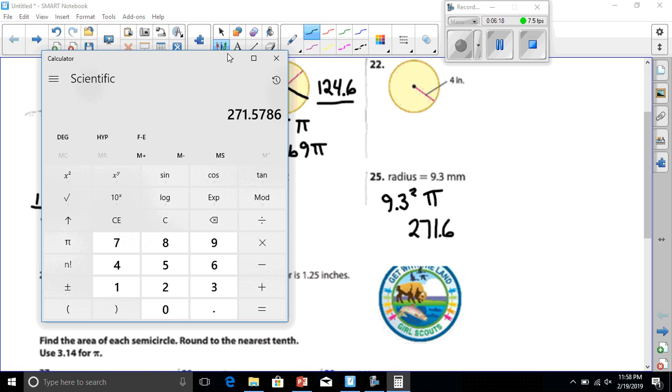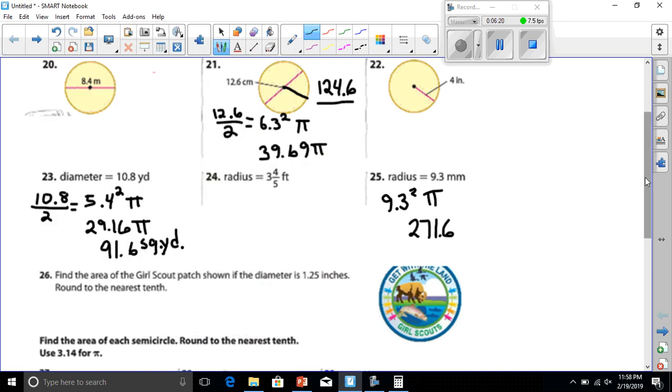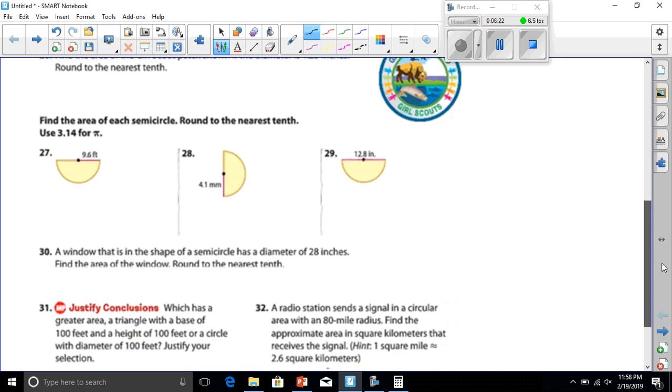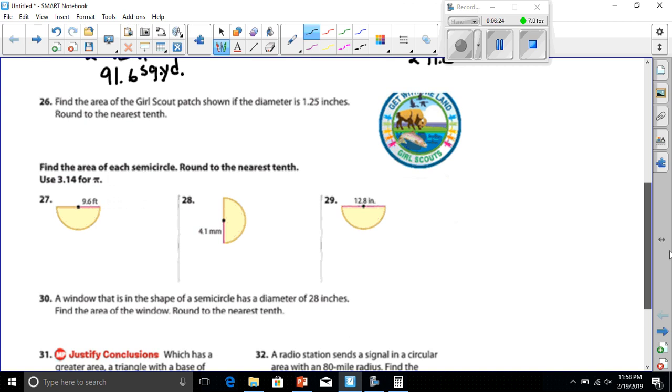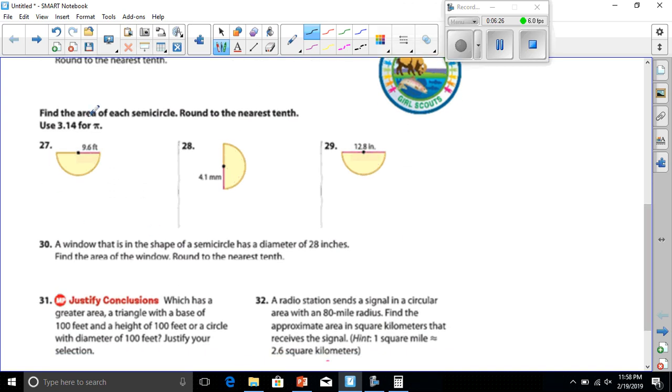All right, let's move on. We're going for number 27 here. Find the area of each semicircle, round to the nearest tenth. Oh boy. Well, now they're looking for us to find the area of a semicircle. What formula can I go for? I know the circle is pi r squared. So let's use some logic.